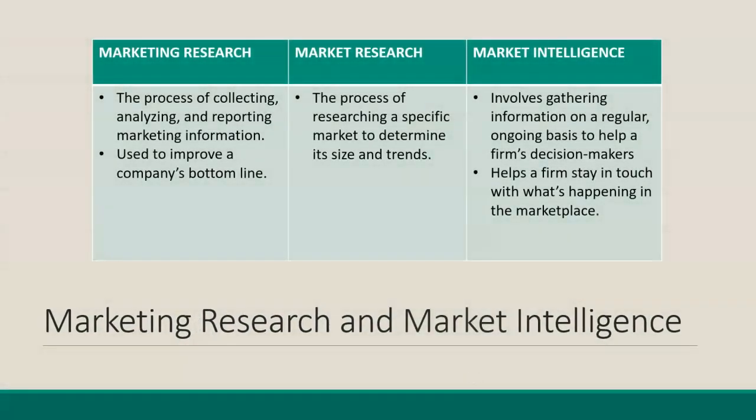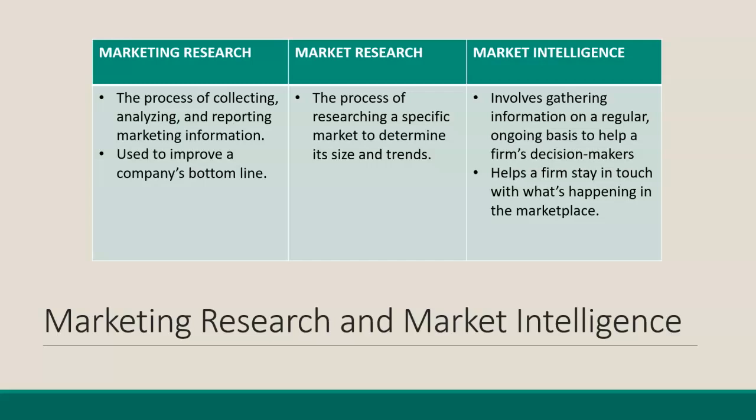So, marketing research and marketing intelligence. Marketing research is the process of collecting, analyzing, and reporting marketing information used to improve a company's bottom line. Market research is the process of researching a specific market to determine its size and trends.